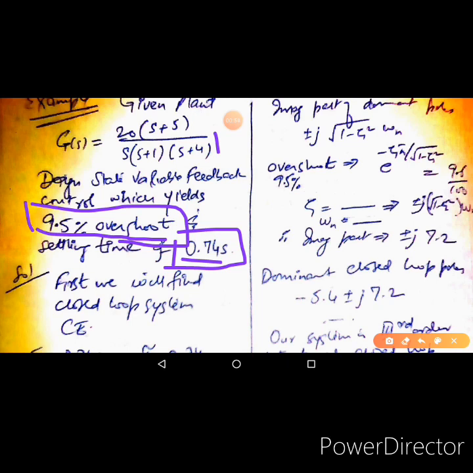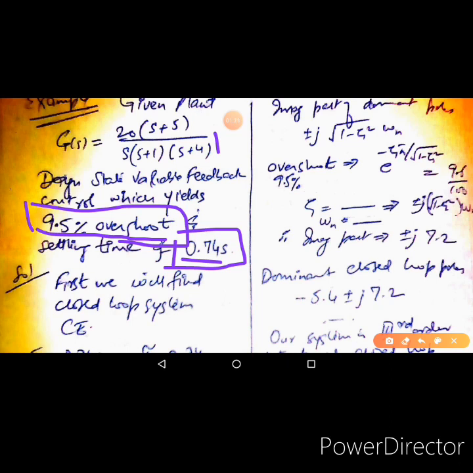Once we have the value of zeta and omega n, we can very easily find the dominant closed loop system poles. When the state variable feedback has been implemented in the system, it will have certain closed loop poles. Then the dominant poles, those poles which dominate the response of the system, are simply determined from here.